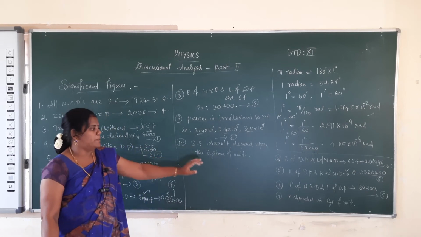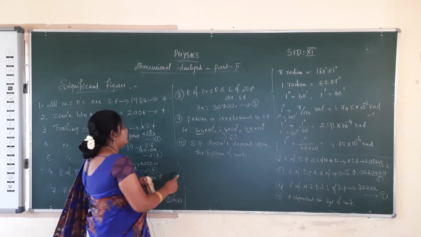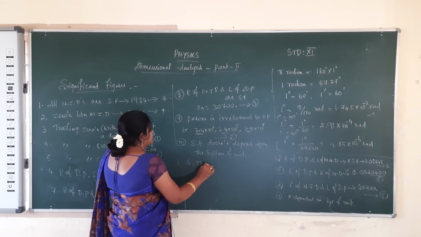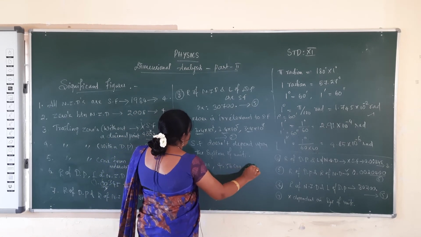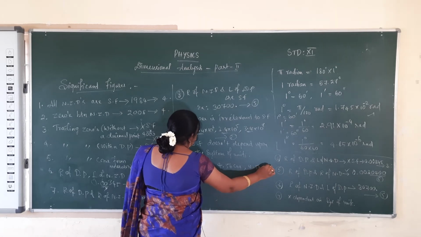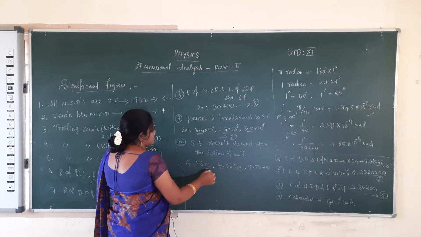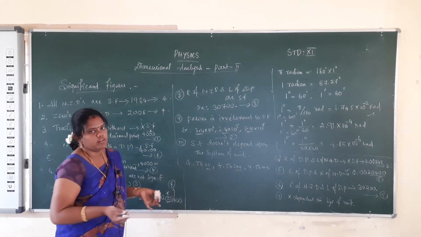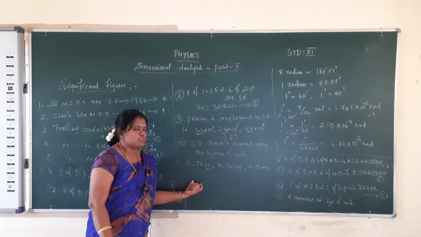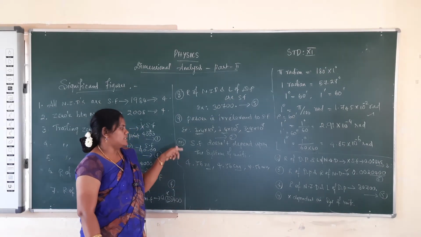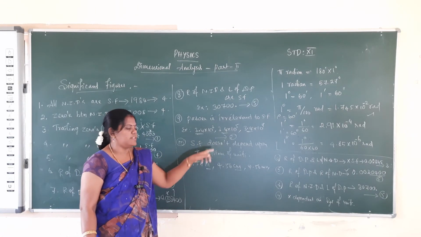For example, 4.56 meter, 4.56 centimeter, 4.56 millimeter; centimeter is in the CGS system and meter in the SI system. The systems differ, but we consider only the values, not the system. So significant figures do not depend upon the system of units.